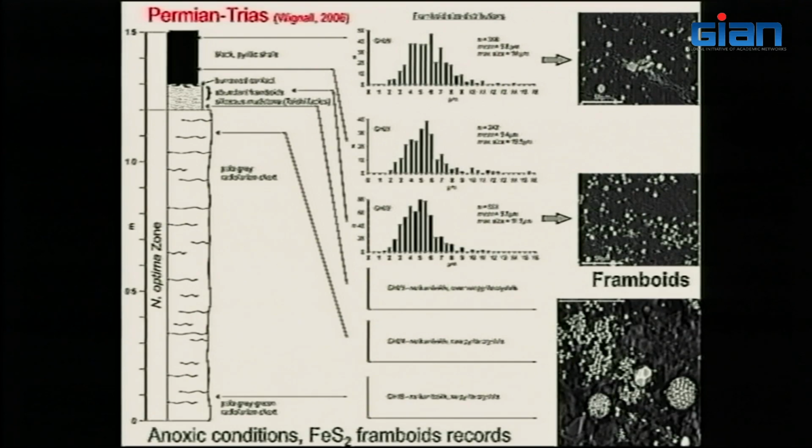So the best way to say that the water was anoxic is just to measure this kind of framboid here and to count them and to see if you see an evolution. And here clearly this is full, and this is really indicative that you have a black pyritic shale deposited under fully anoxic condition, maybe euxinic condition.